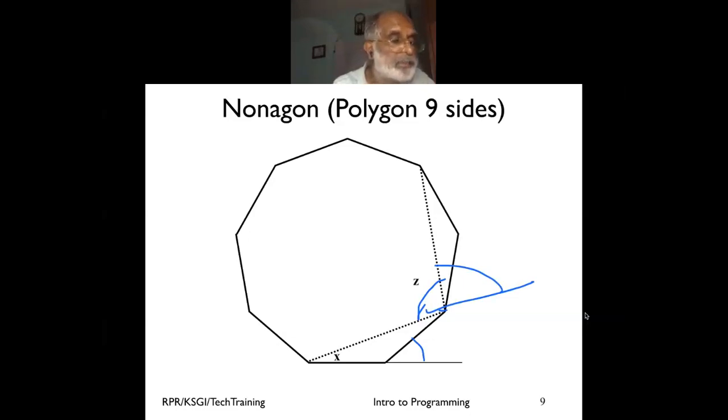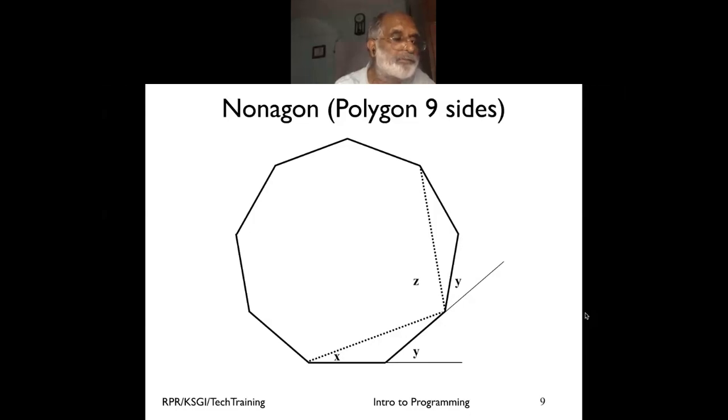So this angle is z. I can do left 180 minus z, and that will draw the right side. Now, how do you compute z? Look here. This angle is y, and x is y by 2. You draw this. Can you guys see that?